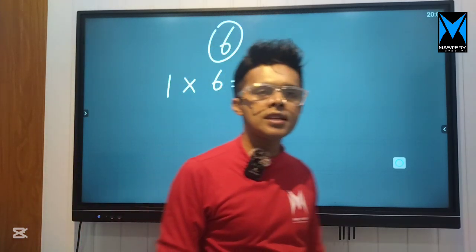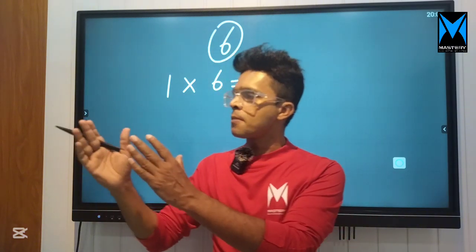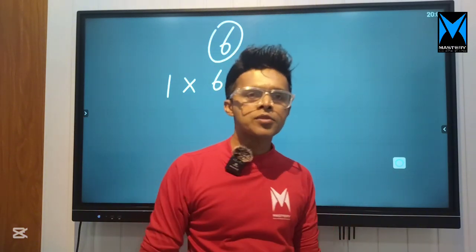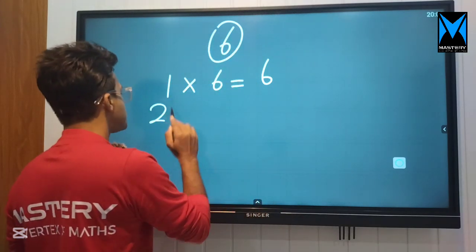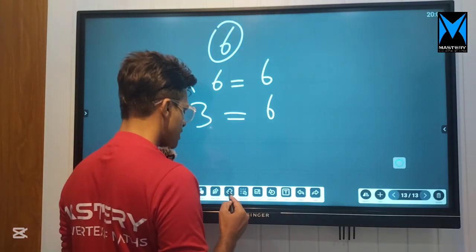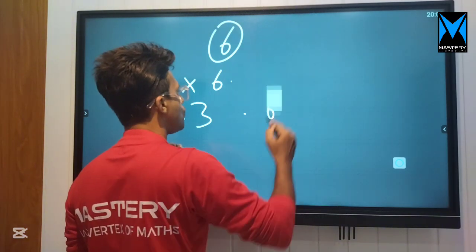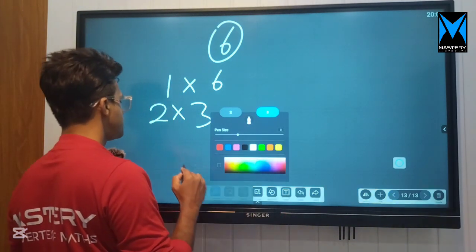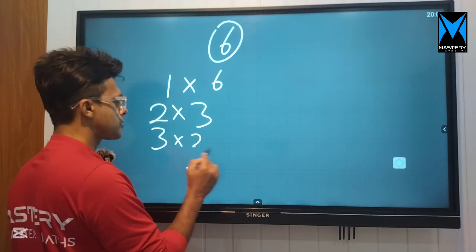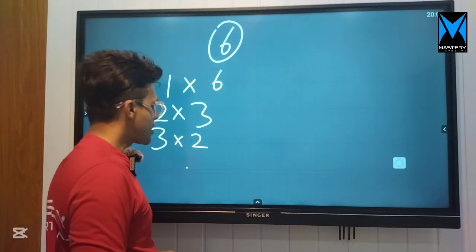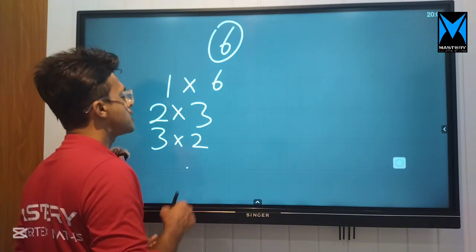Are we able to get the digit 6 when you multiply by 2? Yes, 2 times 3 is 6. Are we able to get 3? Yes, 3 times 2 is 6. Again, 4 we can't take, 5 also is unable to be taken, but we could get 6.